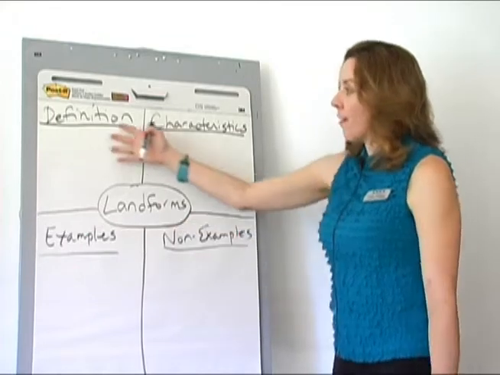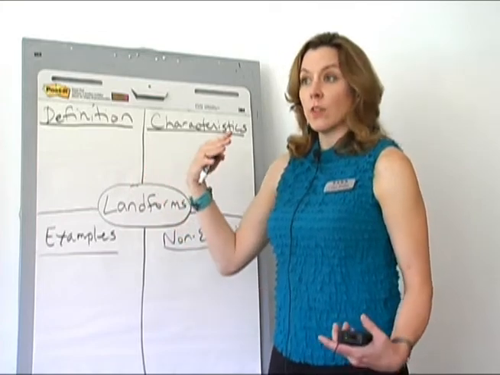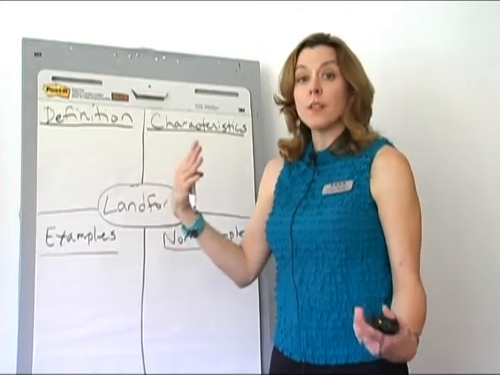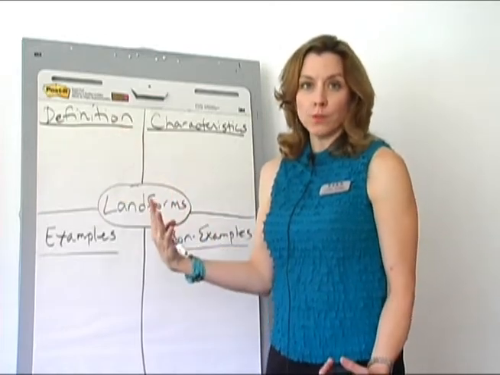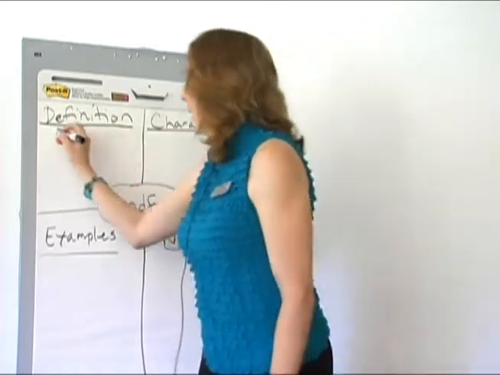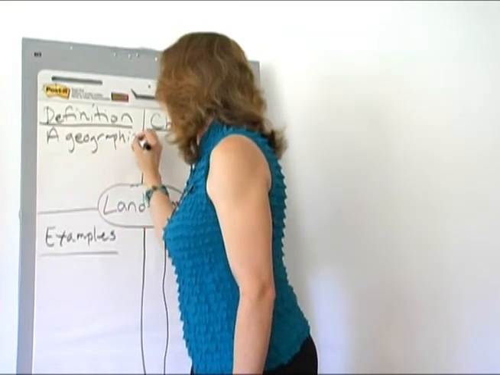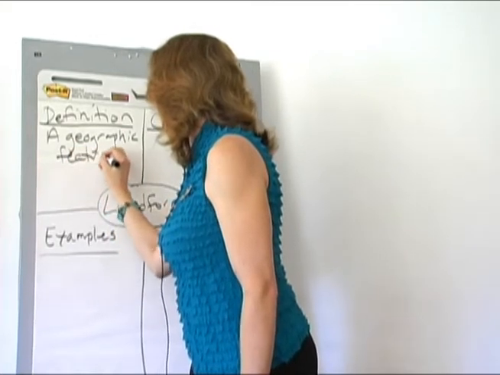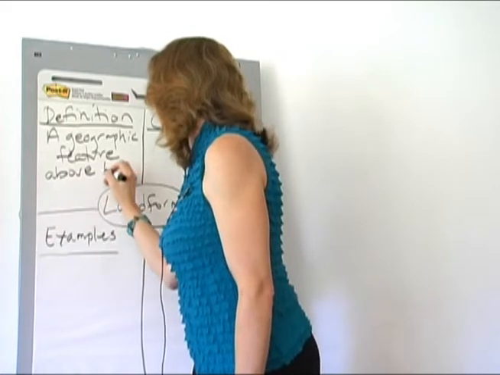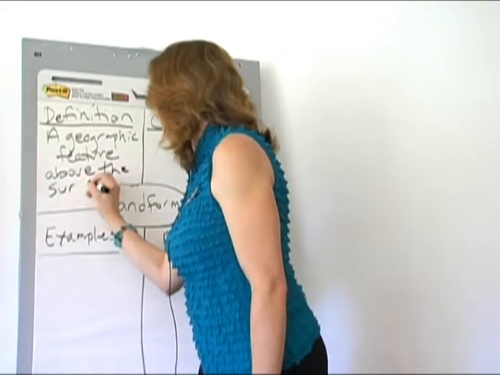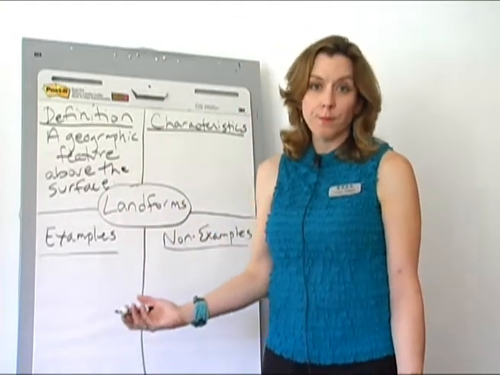So in landforms, a definition, you may get a definition from your teacher that is easy to understand or difficult to understand, but in this box, you want to try to put it in your own words. So a landform is a geographic feature above the surface of the earth, basically.